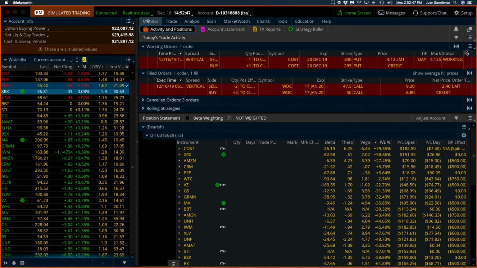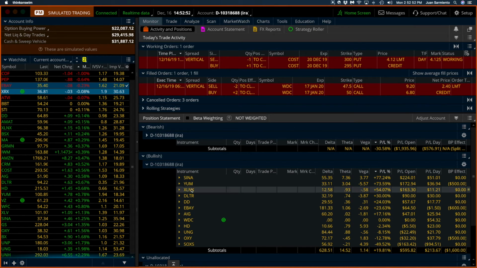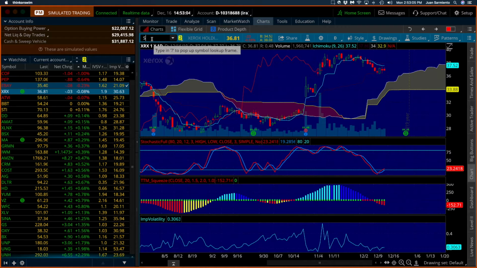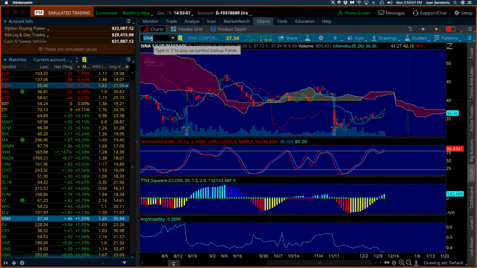Let's go to the monitor tab and look at the bullish trades. Okay, and here again we have P&L, SINA 77%. Let's take a look at the chart of SINA. Good, it looks like it will continue higher at least for a week, maybe less, I don't know.